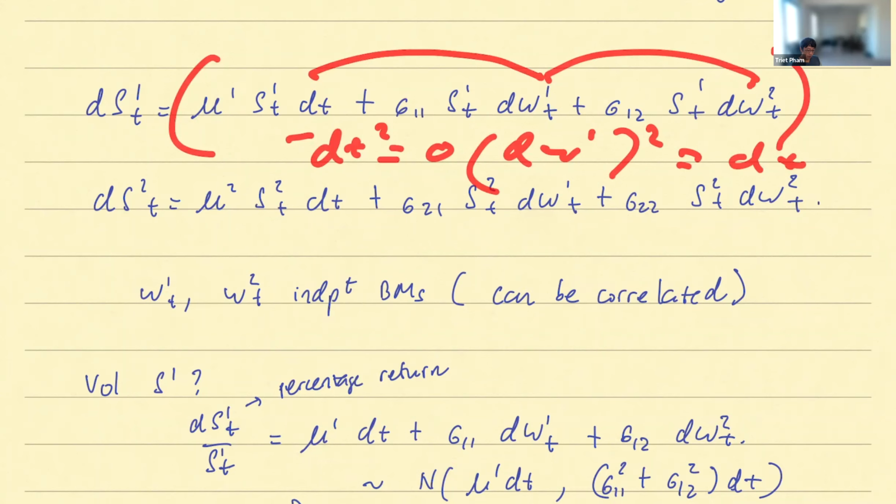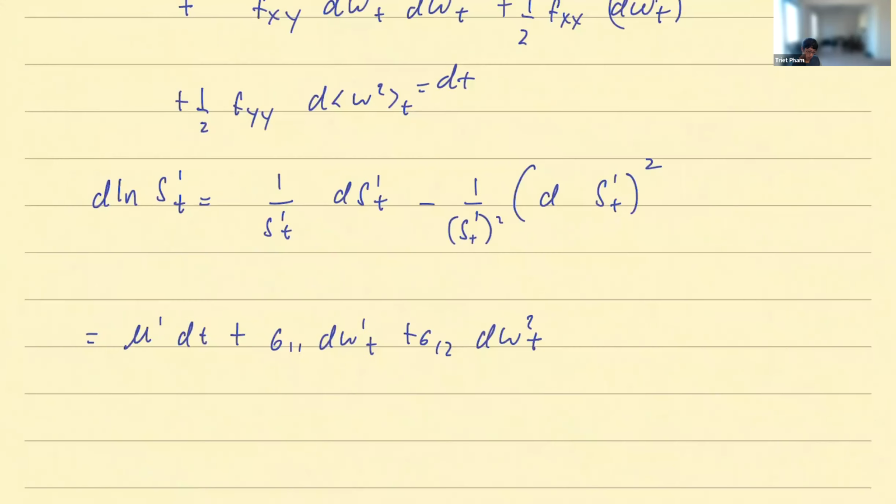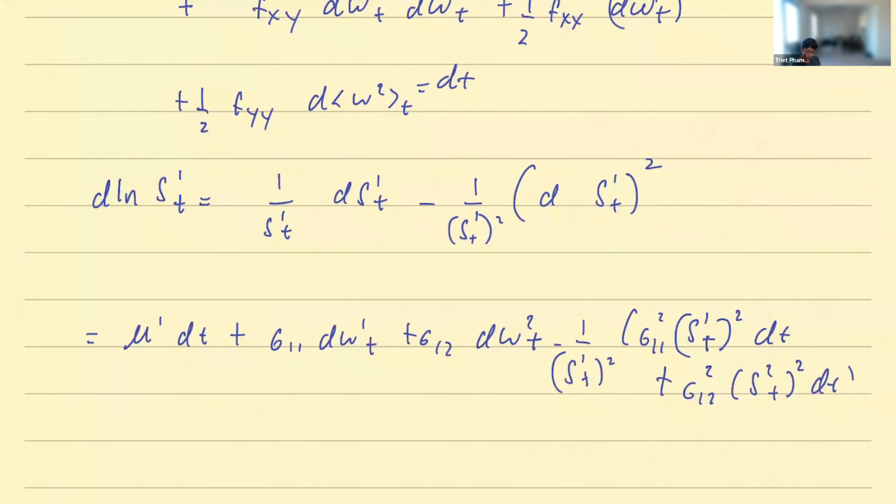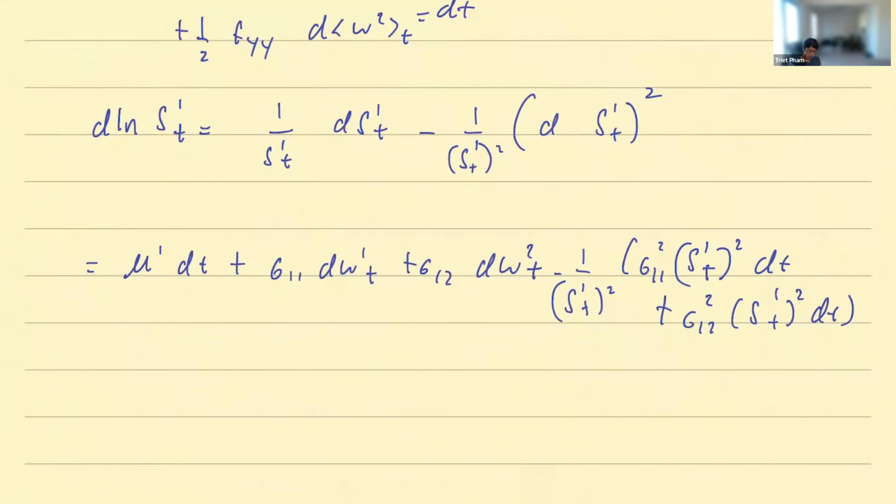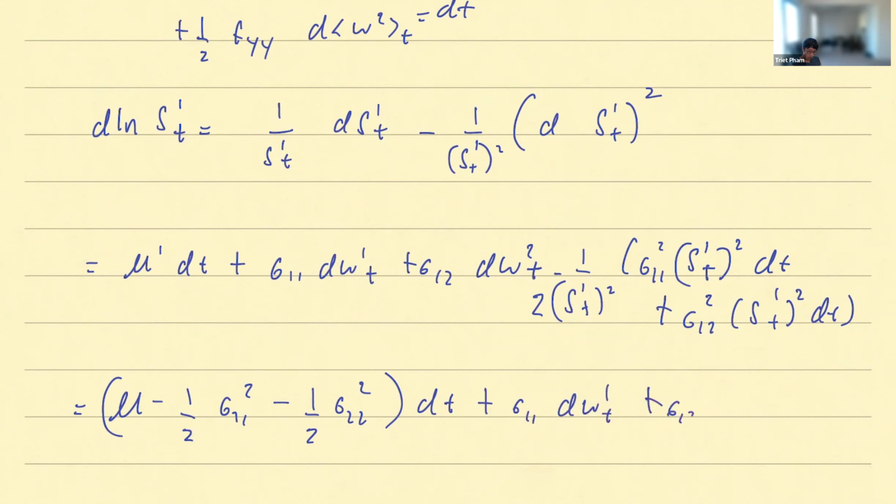So very quickly, the only thing left is sigma_11 squared S_1t squared dt plus sigma_12 squared S_1t squared dt. So what does that become? Mu minus 1/2 sigma_11 squared minus 1/2 sigma_12 squared dt plus sigma_11 dW_1t plus sigma_12 dW_2t.